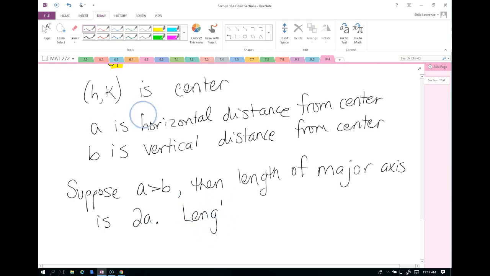And the length of our minor axis is 2b. If the b was larger, then we would just flip-flop those. So whichever one is bigger is considered the major axis, and whichever one is smaller is considered the minor axis.